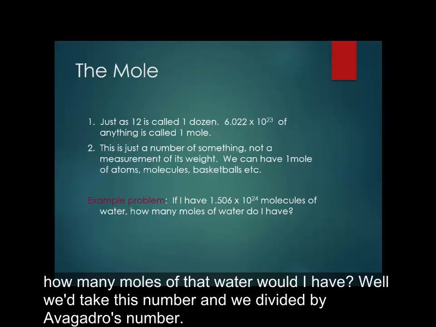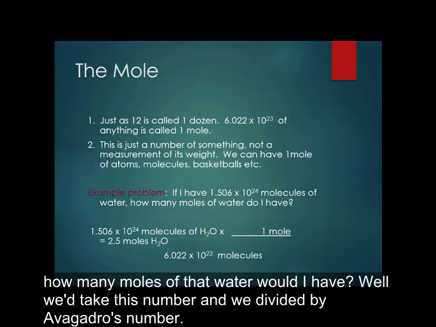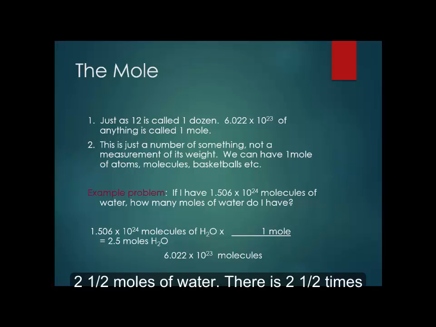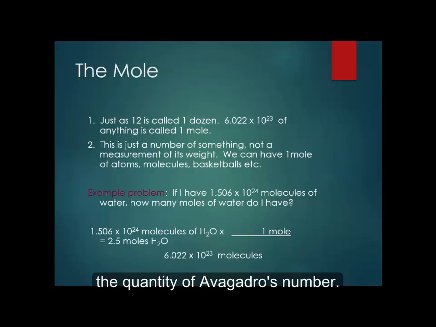Well, we'd take this number and we divide it by Avogadro's number, and we find out that we have 2.5 moles of water there. It's 2.5 times the quantity of Avogadro's number.